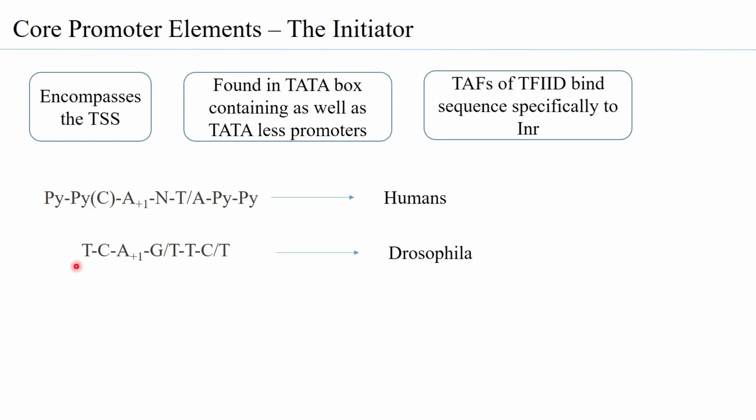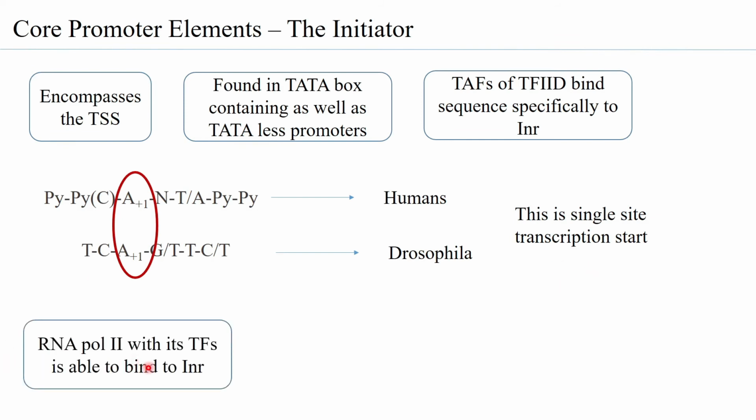In Drosophila, the sequence has been observed to be TCA plus 1, which is again the start point of transcription, followed by GT or TCT. So you have to keep in mind that within the INR is always present the start point of transcription, and that is generally the A. It is always an A, so this A is conserved in the INR sequence. What is being represented is a single transcription start point, but you can have multiple transcription start points as well, which means you would have several INRs present.